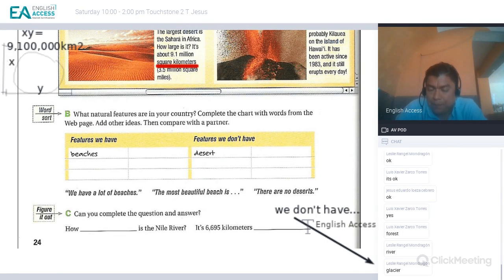Two more things. Forests we do have. Rivers we do have. We don't have glaciers. What else?